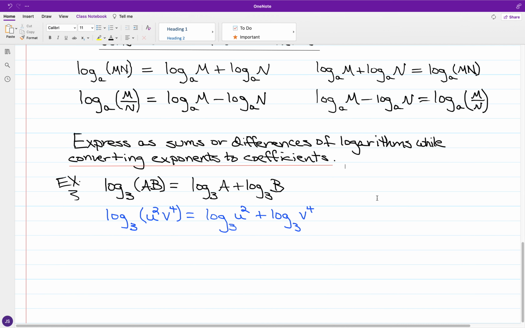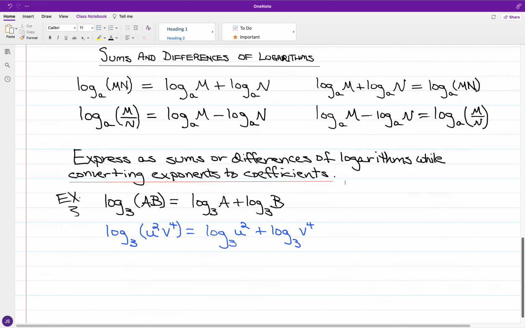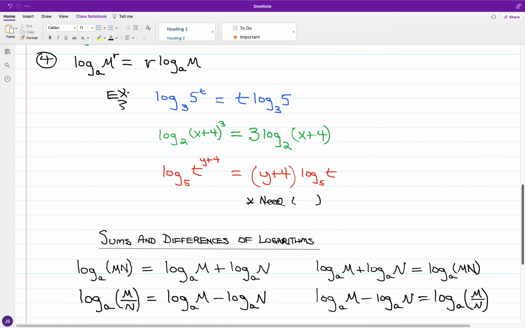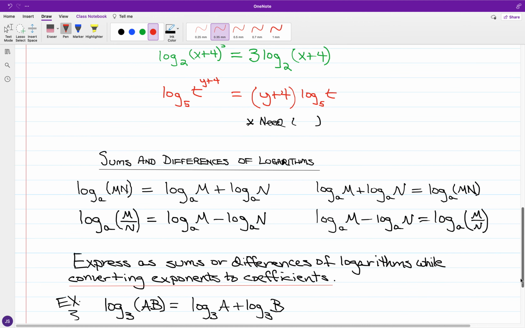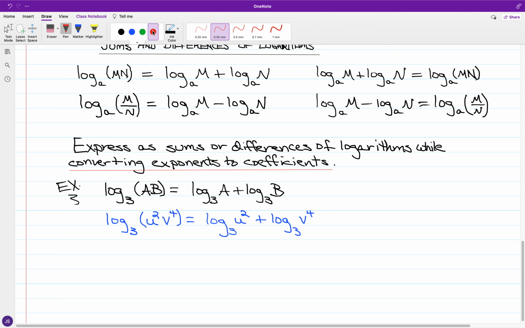So we're looking at converting exponents to coefficients, and this goes to the last property from the other day, if we had the base a logarithm of m to the r, where r is going to be written as a coefficient. And so in both of these terms, we got u to the second, so I can write 2 as a coefficient, and for the base 3 log of v to the 4th, I can write 4 as a coefficient.